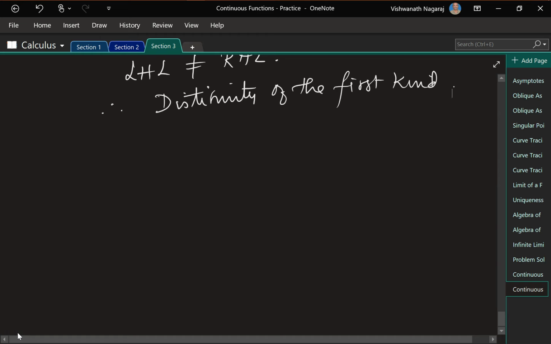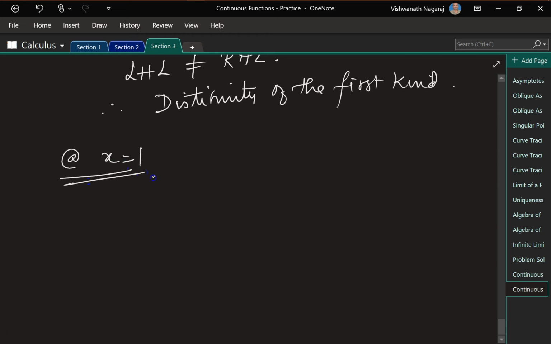Now let's look at x equal to 1. Now f of x, when x is equal to 1, is 5x minus 4.